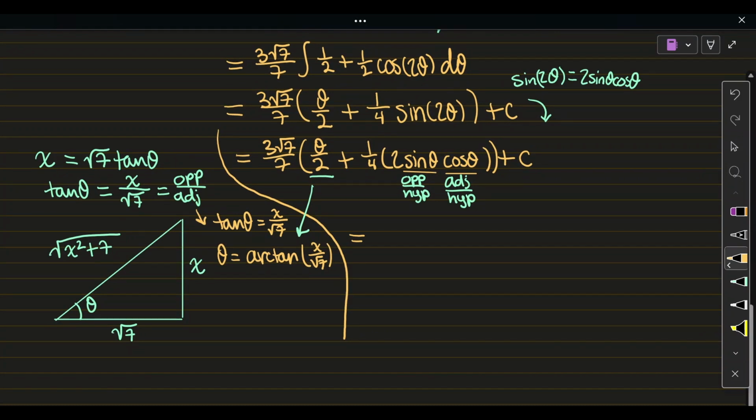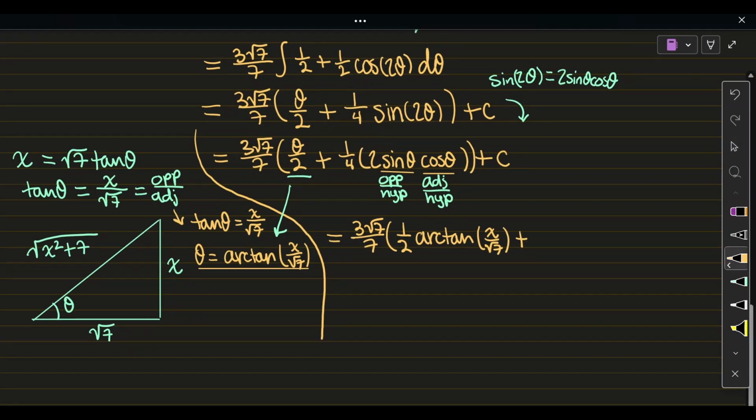So I'll have that this is 3 square roots of 7 over 7 times 1/2 times theta, and remember, theta is arctan of x over the square root of 7. And then plus 1/4, and 1/4 and 2 will cancel out and give me a half.